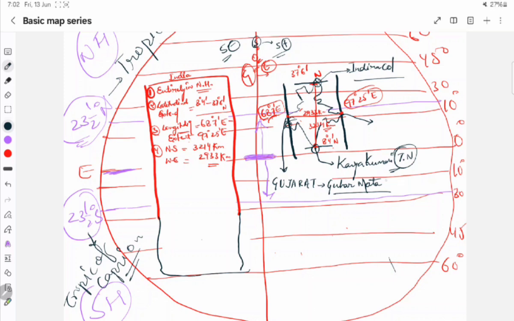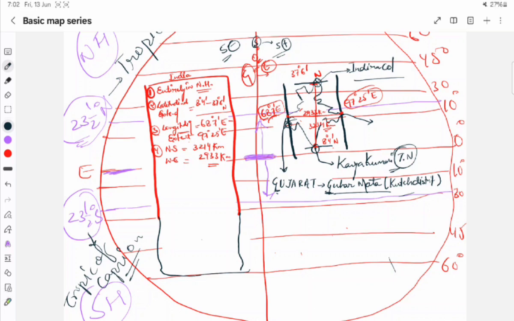It is in the Kutch district. G for Guhar, G for Gujarat. Remember this.